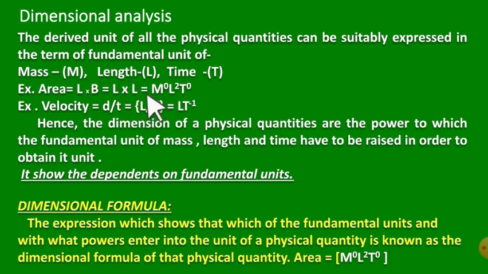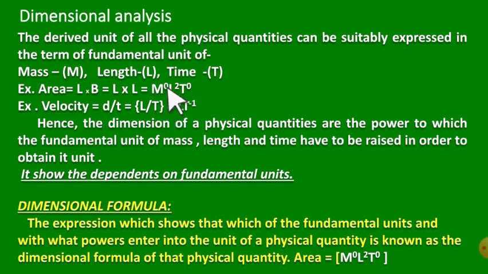If you want to express this in terms of dimensions, mass doesn't come here, so it is 0 in mass, length comes 2 times, so L square, and there is no time, so 0. So area has a dimension of 0 in mass, 2 in length, 0 in time. We can simply write only L square, as that is understood. If there is no mass or time, it is understood.